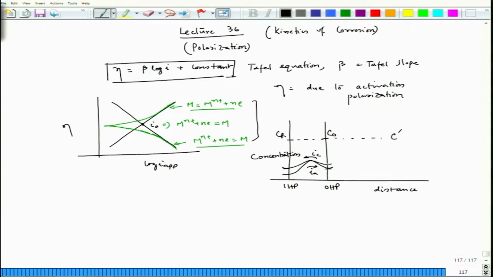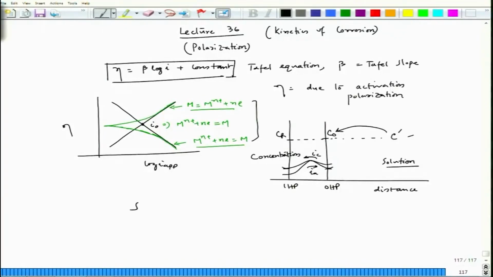When there is enough supply of cations to this particular plane, so that concentration is flat in the solution side, then the rate at which this interface jump is taking place will control the overall potential drop or potential increase, cathodic polarization or anodic polarization.